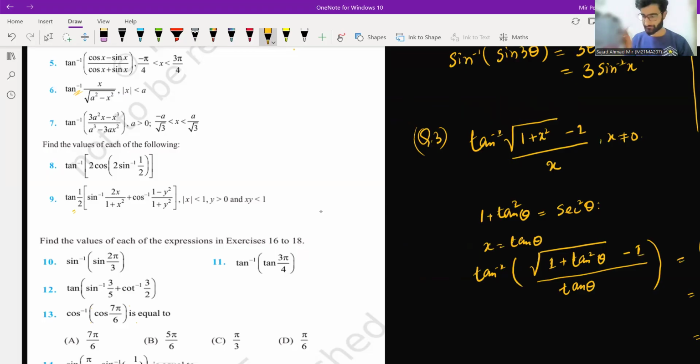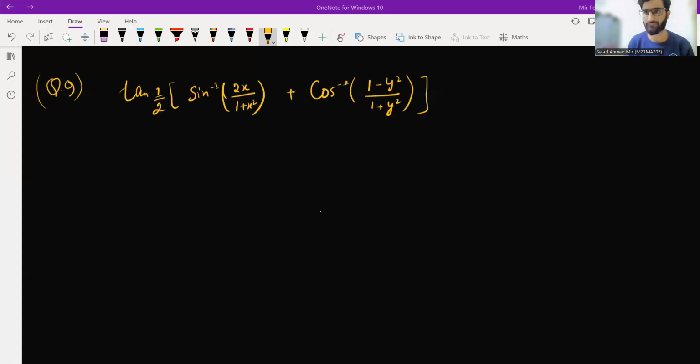So question number 9 is tan inverse of 1 by 2 sine inverse of 2x divided by 1 plus x square, plus we have cos inverse of some expression in y.